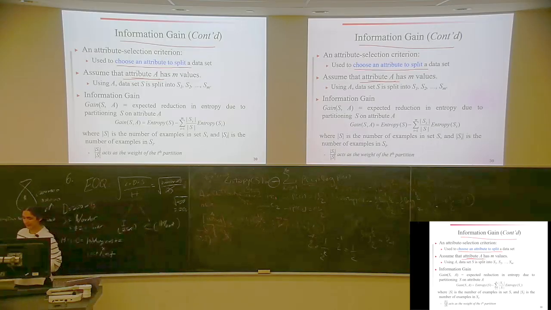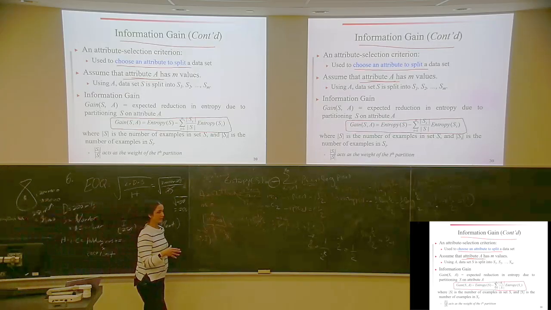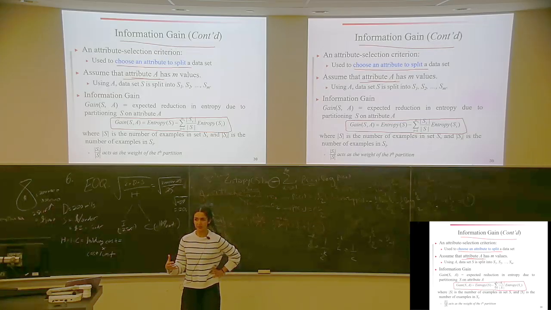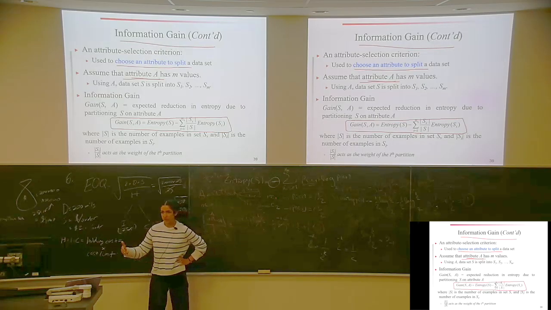Now, back to the formula for information gain. We say the gain of set S, our training set, given attribute A, for example outlook, is the expected reduction in entropy due to partitioning S on attribute A. Basically, we want to end up with purer outcomes, so we want to choose the attribute that creates splits in a way that we end up with purer nodes.